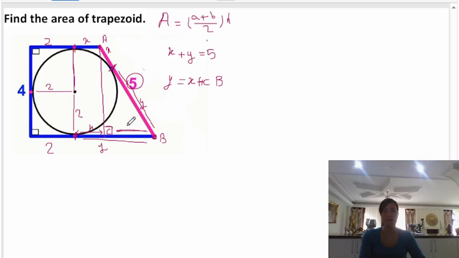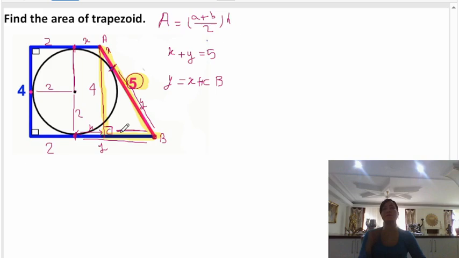CB is the base of the right angle triangle, of which I have the hypotenuse, which is 5 here. Let me show you this right angle triangle, which is here. For this right angle triangle, 5 is the hypotenuse, and this side would be 4.